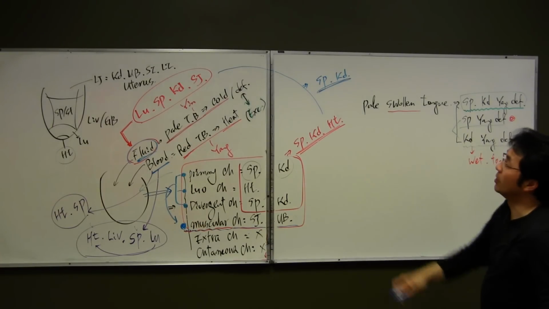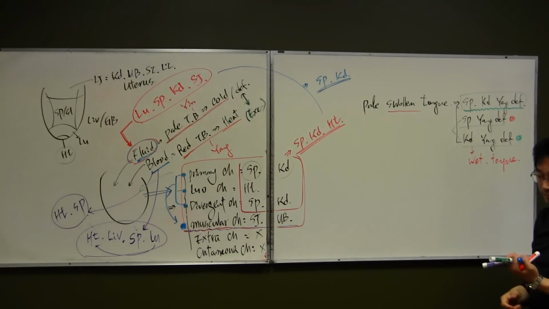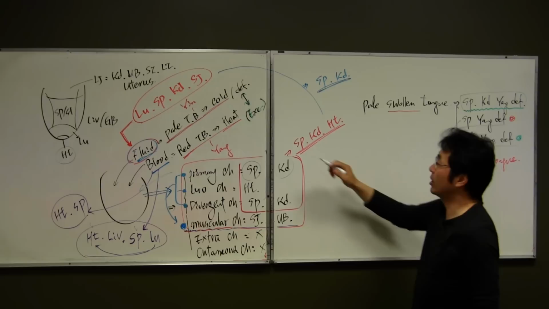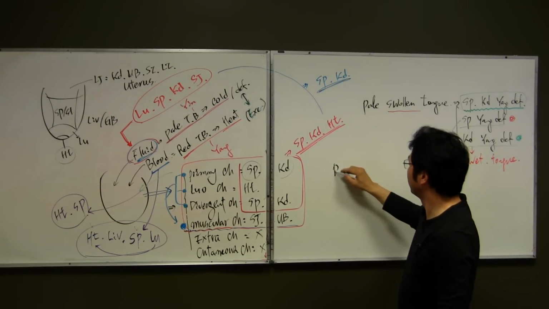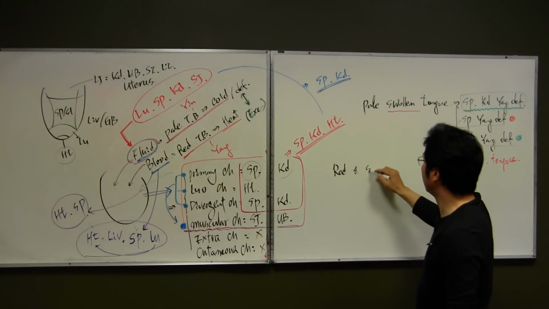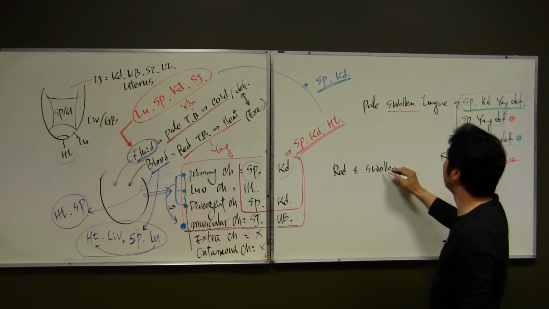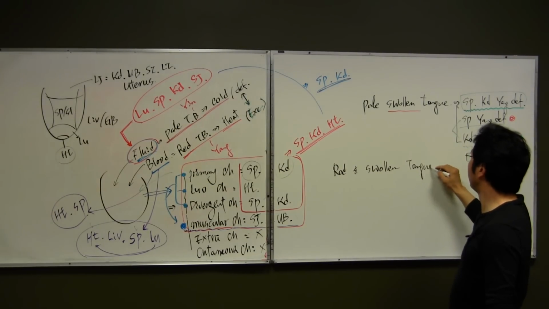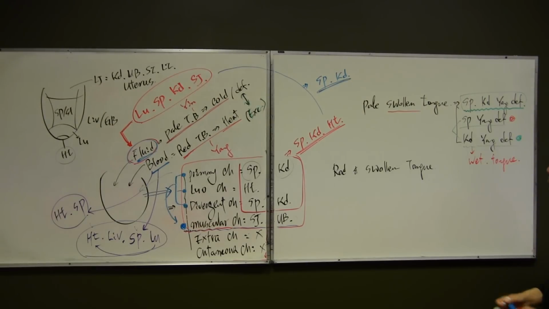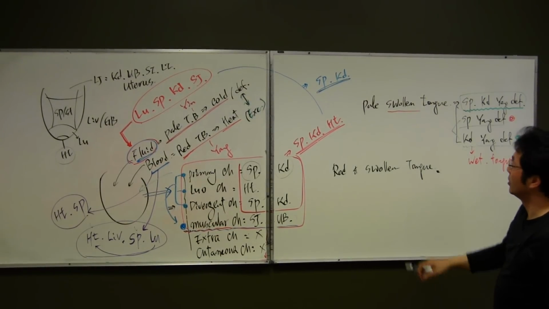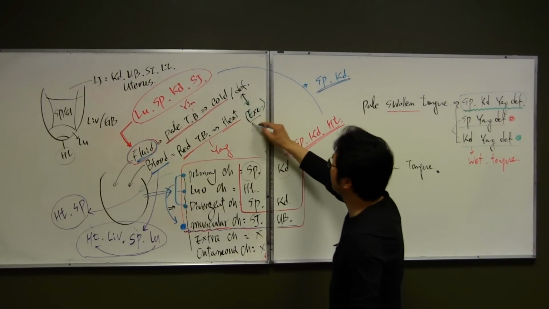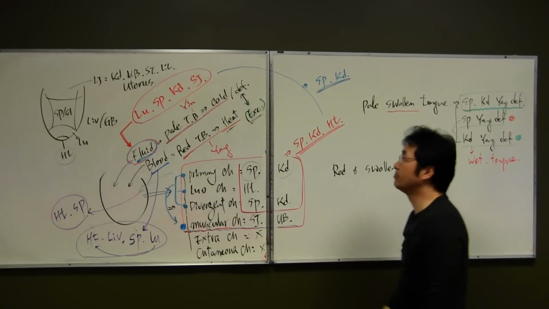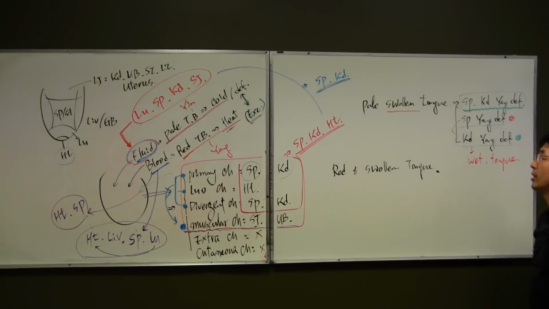There's another one, which is blood related. I mean, who has a red tongue, red and swollen tongue. Red and swollen tongue usually comes from what? This is from excess heat, which pushes up the blood toward the tongue area.